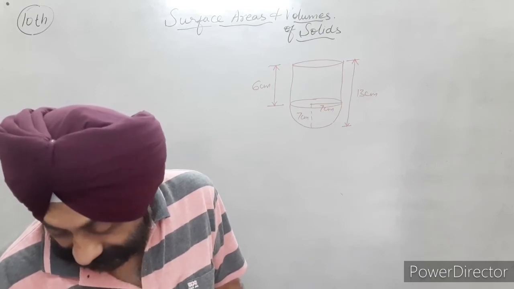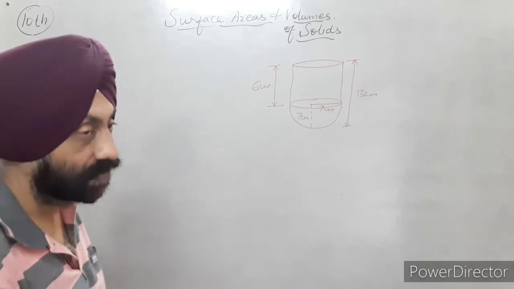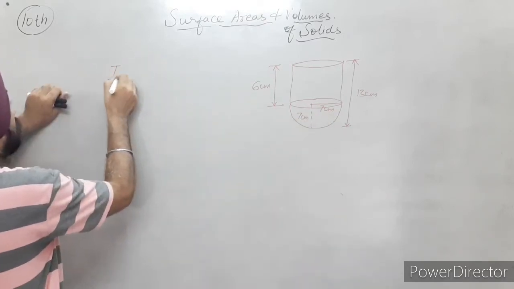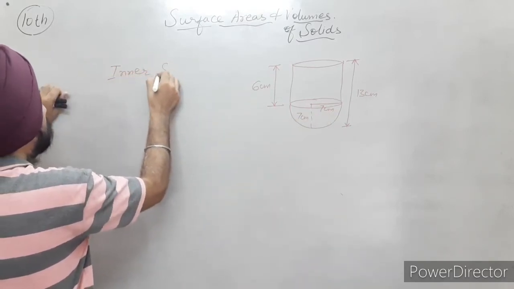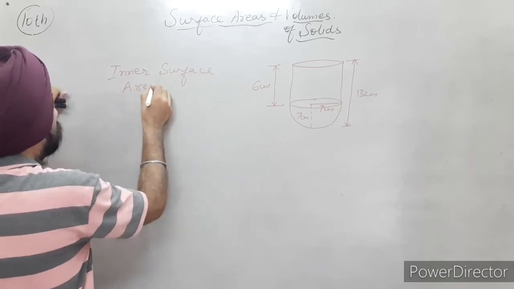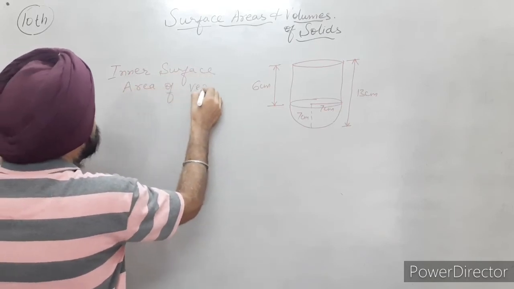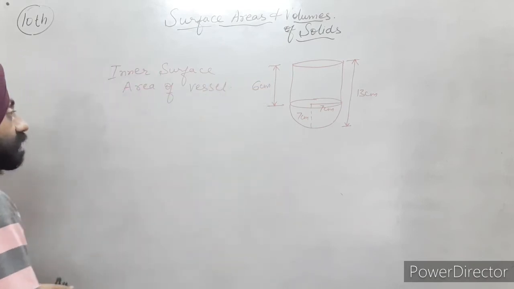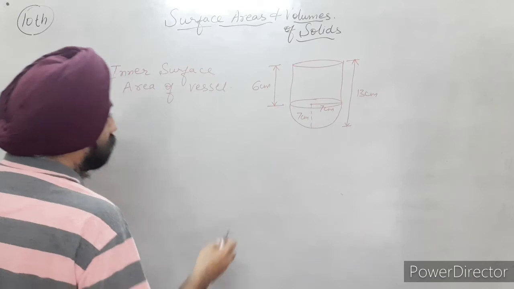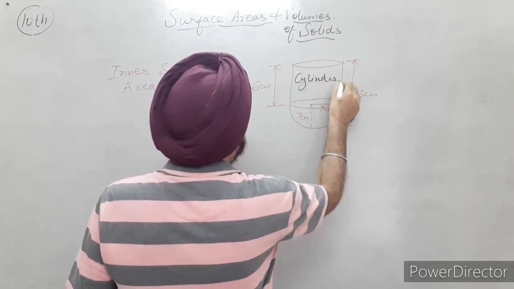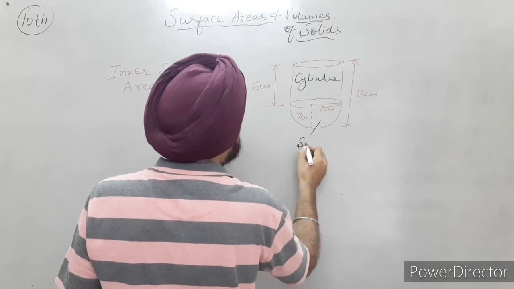Now what is the inner surface area of the vessel? It's very simple. This figure is given to us. The upper part is the cylinder and the lower part is a hemisphere.